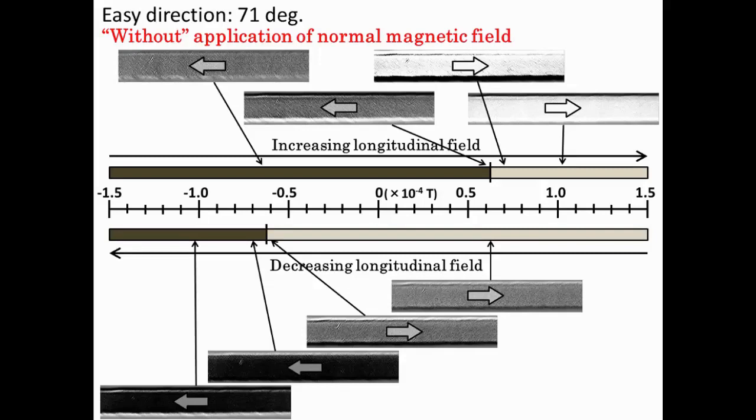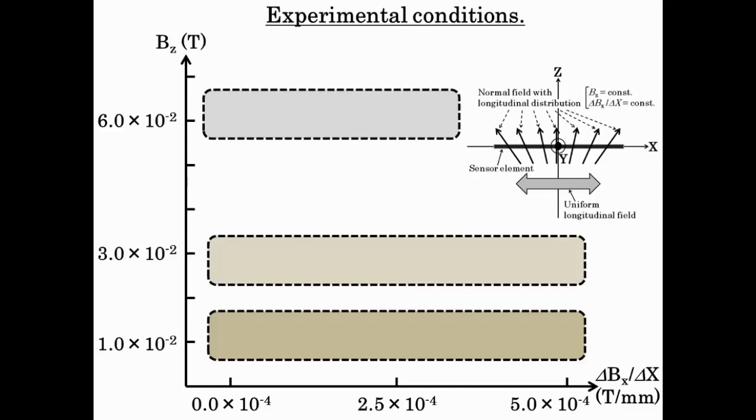This sheet shows the variation of magnetic domain as a function of a longitudinal field. We carried out this measurement by applying a static normal field with a distributed field to the element, and controlling the uniform longitudinal inclined field in the x direction.